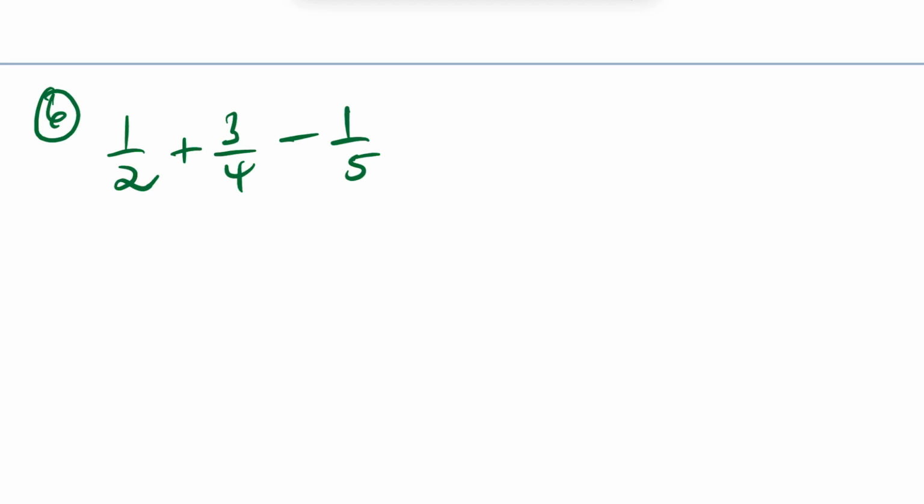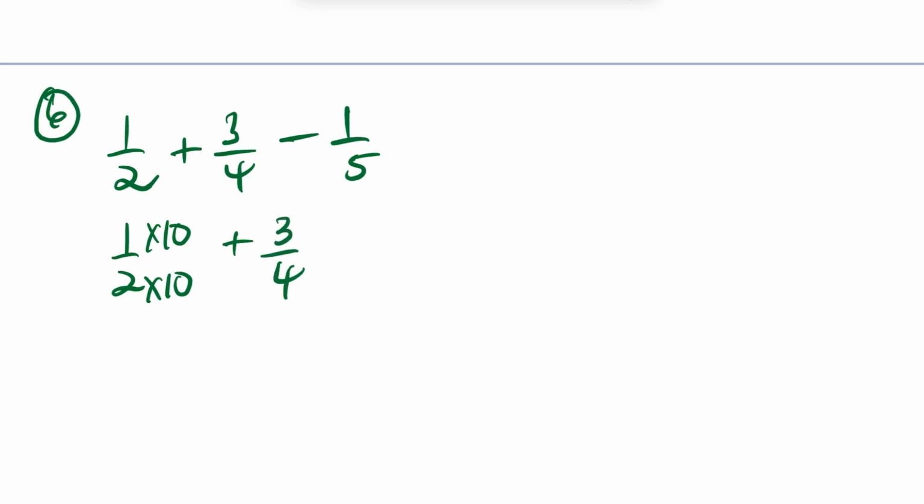What is the LCD of those fractions? I can say it's 20, because 5 gets into 20 and 4 gets into 20 and 2 gets into 20, right? So the LCD is 20, so we're going to make all these denominators 20. I'll say 1 over 2. To make the 2 to be 20, times by what? 10. Times by 10 at the top, plus 3 over 4.